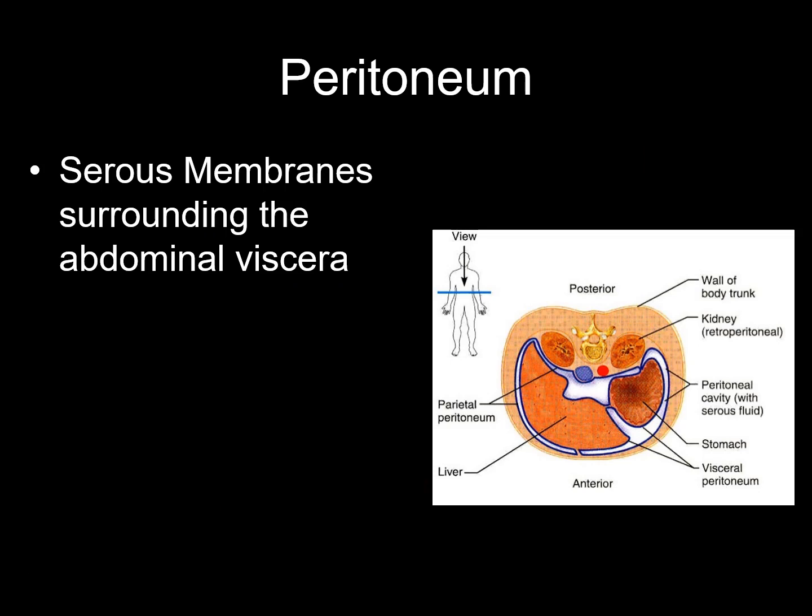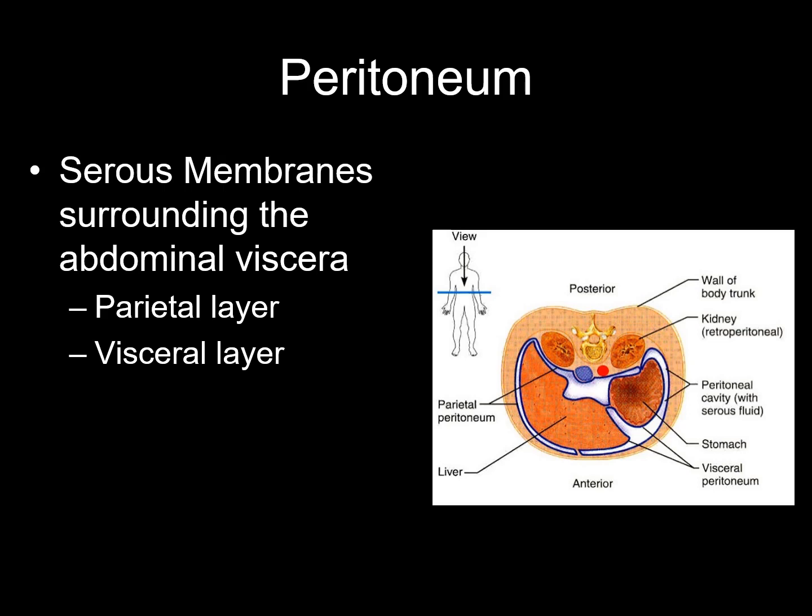So now if we remember way back to our first lecture, we were talking about our serous membranes. We talked about the serous membrane that is in the abdominal cavity, and that's the peritoneum. So the peritoneum, or the peritoneal cavity, is one of our serous membranes. It surrounds and lines the abdominal viscera so that they can move in the abdominal cavity with less friction.